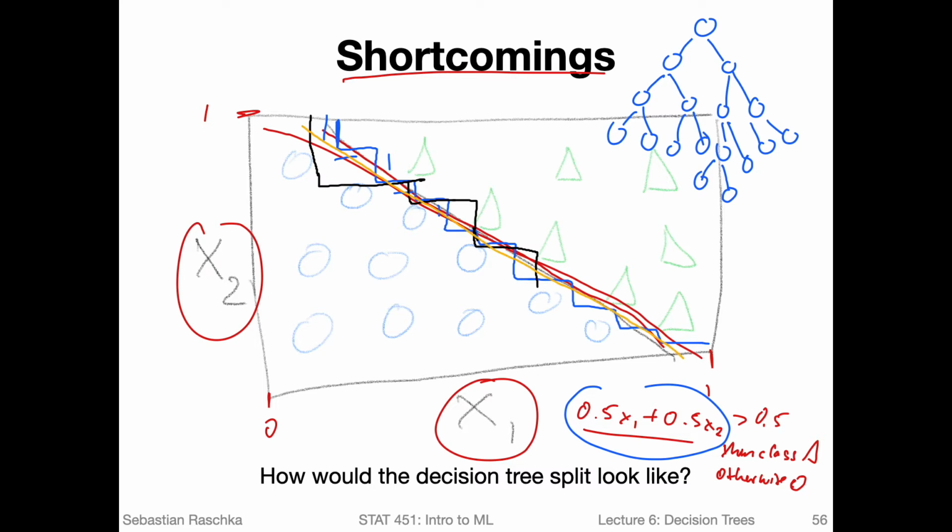So that would be one downside of a decision tree. It doesn't do well with these diagonal decision boundaries. It can only approximate the diagonal, but it cannot really make the diagonal directly, because it cannot consider combinations of features, only one feature at a time.